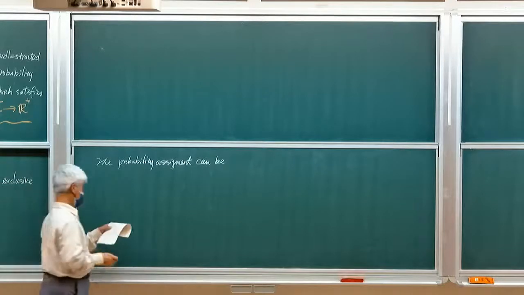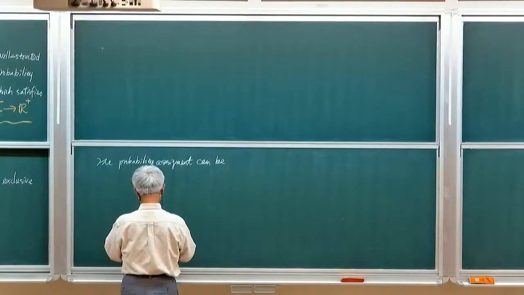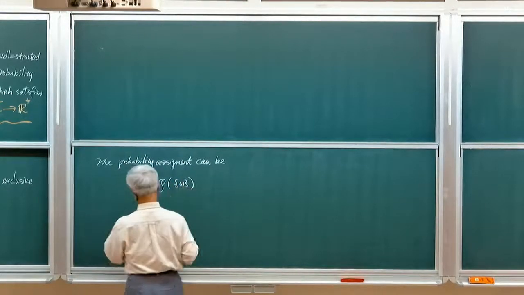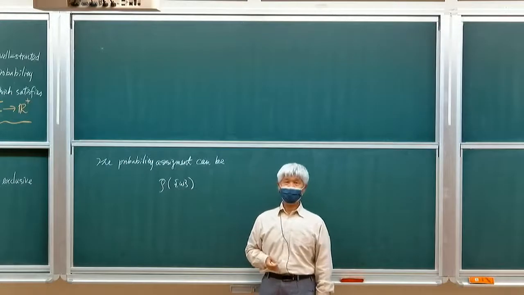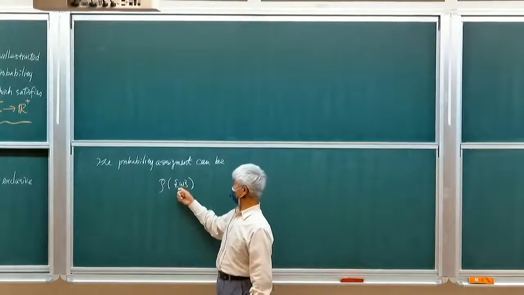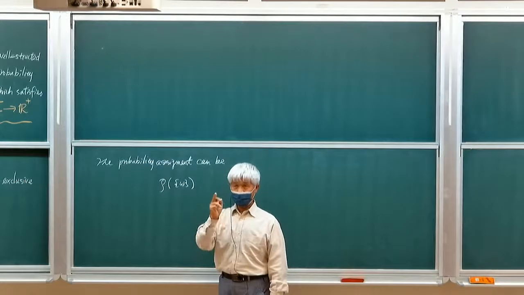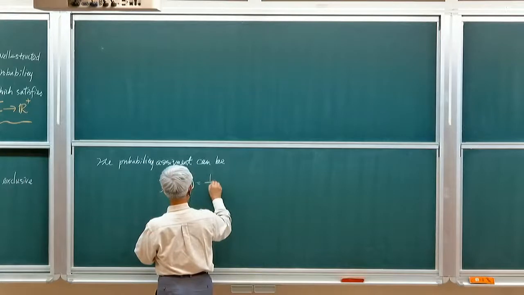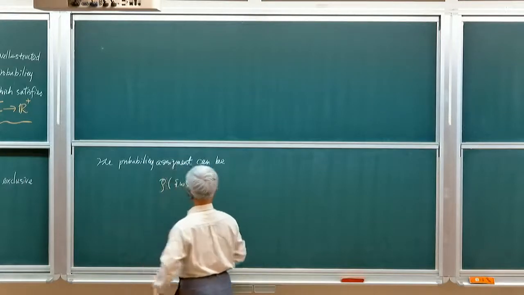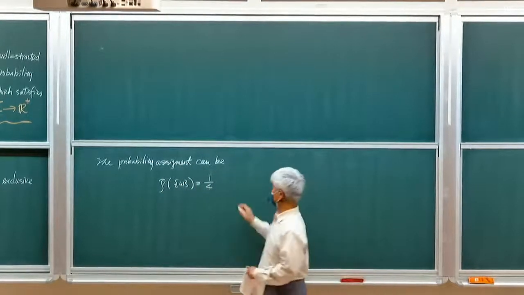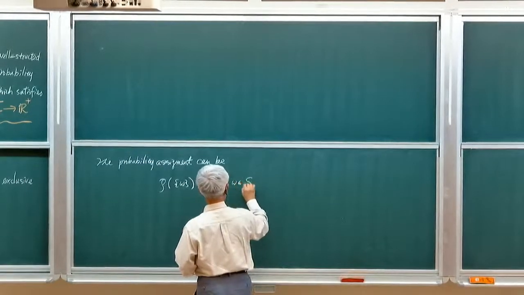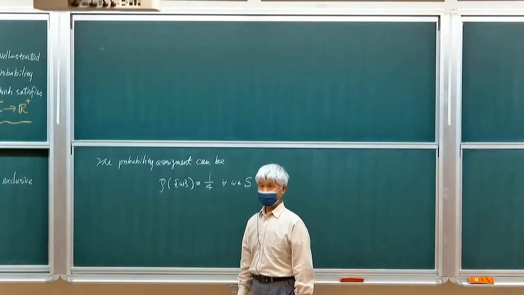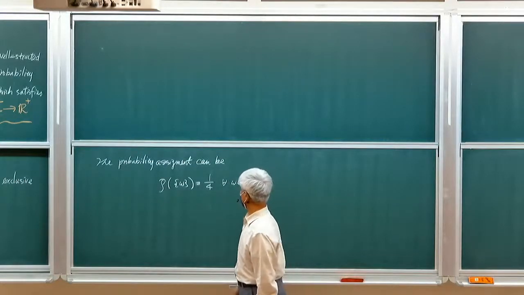So one of the possible assignments is this: for every singleton, a singleton meaning an event with only one possible outcome, the assignment is one fourth, for all outcomes in the sample space.